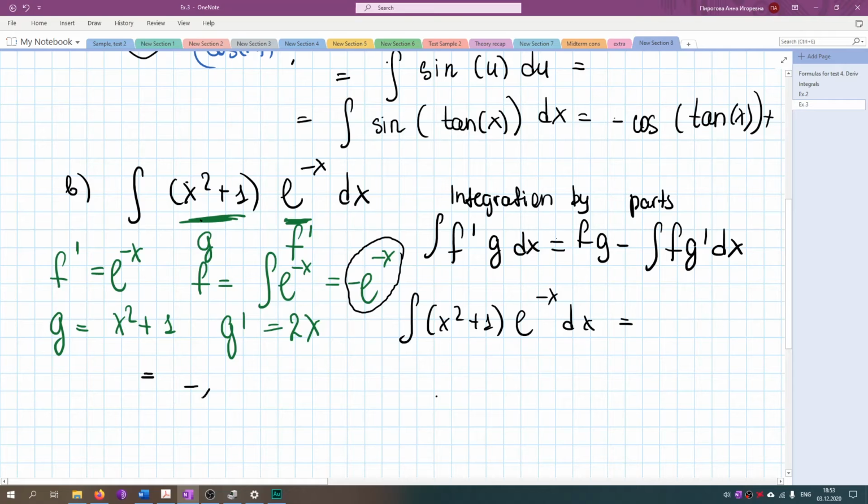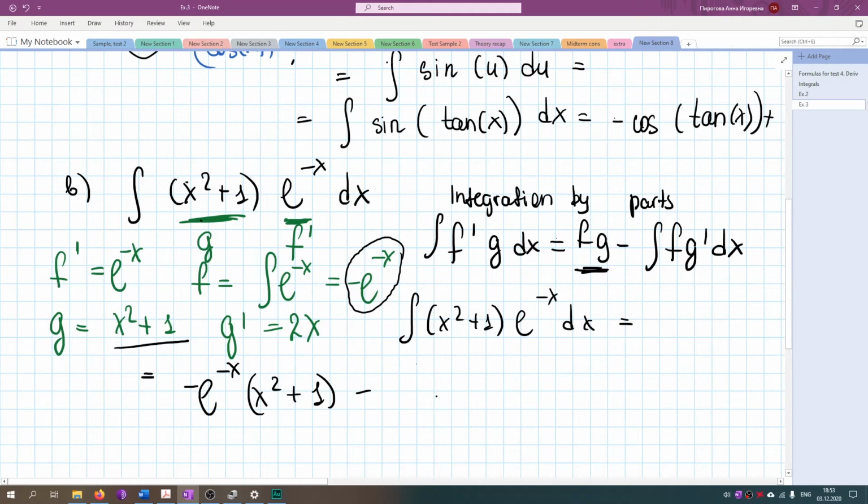It is minus e in the power of minus x, and our g function is this one, x squared plus 1, according to our formula.